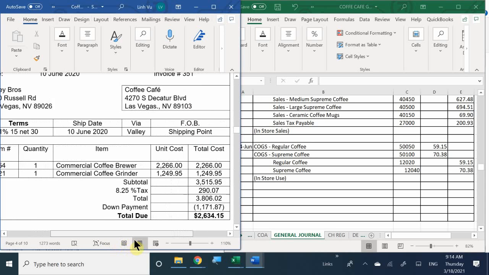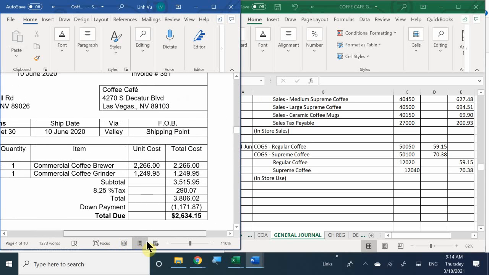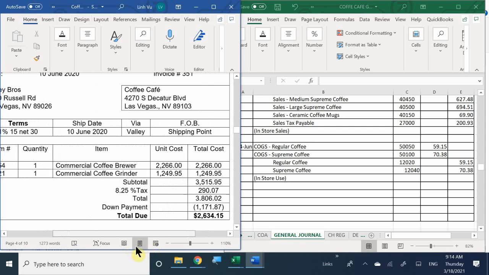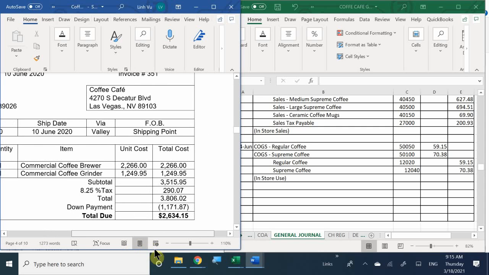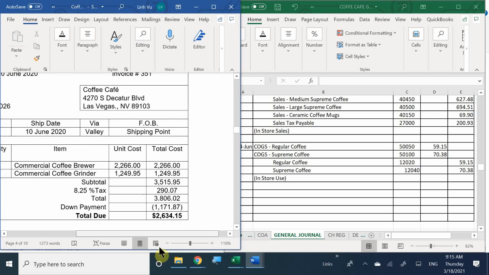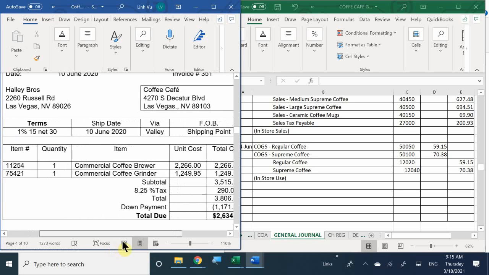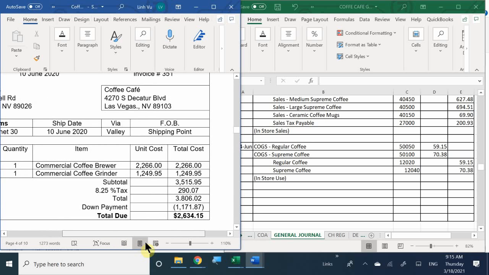Okay. So my blower was 2,266 and my coffee grinder was $1,249.95. Because I paid on June 25th, which says that I made the discount period, what am I subject to take 1% from?